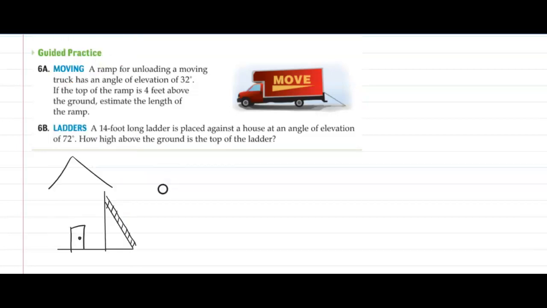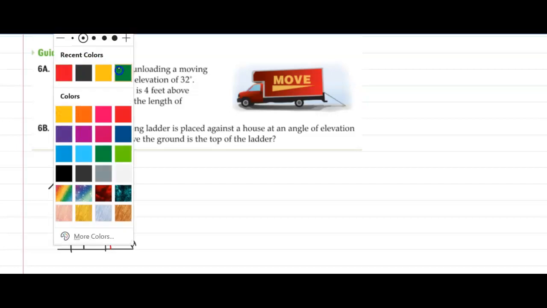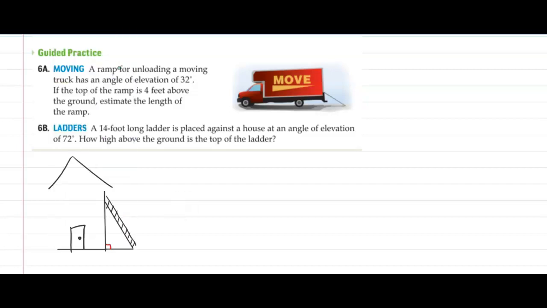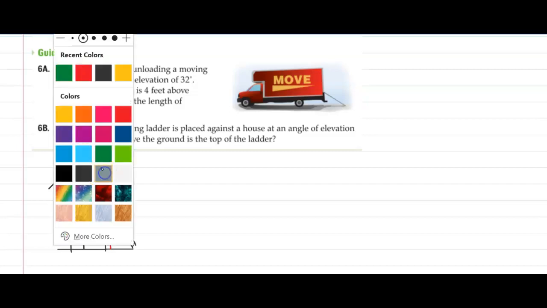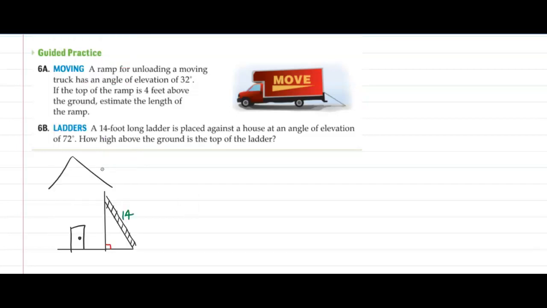I know that my 90-degree angle is here where the house meets the ground, and I know that it's 14 feet, so I would label it 14 feet, and it has an angle of elevation of 72 degrees. So that means that this angle, starting flat, opening up right here, that angle is 72 degrees.